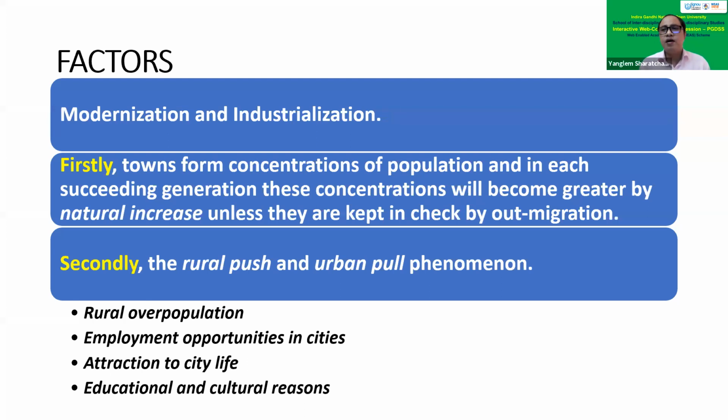For example, a farmer who has 50 acres of land, if he has 5 sons, the land will be divided equally among the children. In the same way, it will continue up to the grandchildren. Then the ownership of land will decrease.